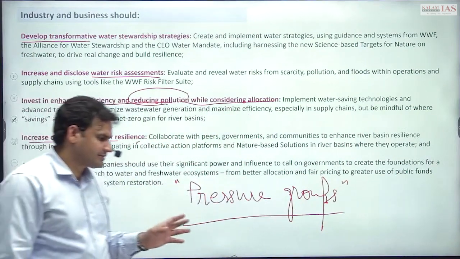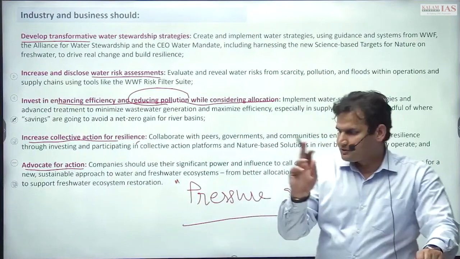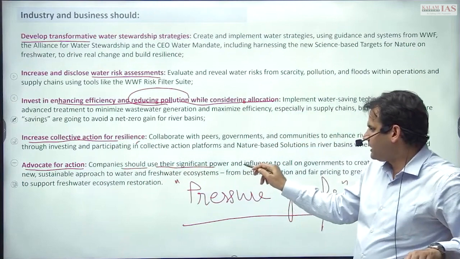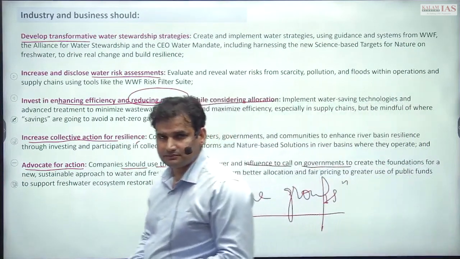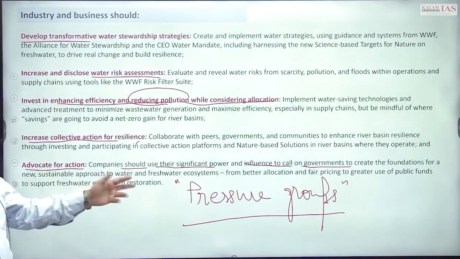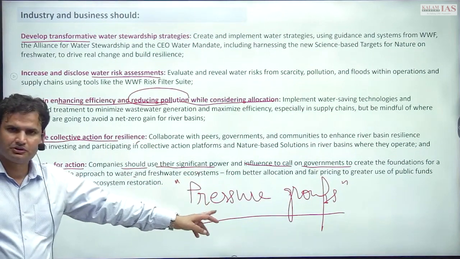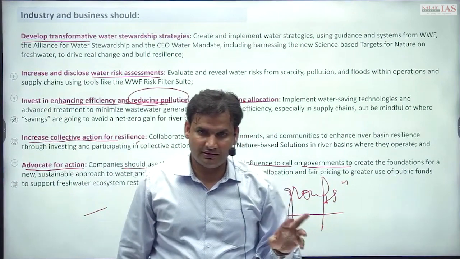In quality governance we study about pressure groups. So companies should use their significant power and influence to call on governments to create foundations for a new sustainable approach for water and freshwater ecosystems. So pressure groups should exert pressure here in the right manner, right?